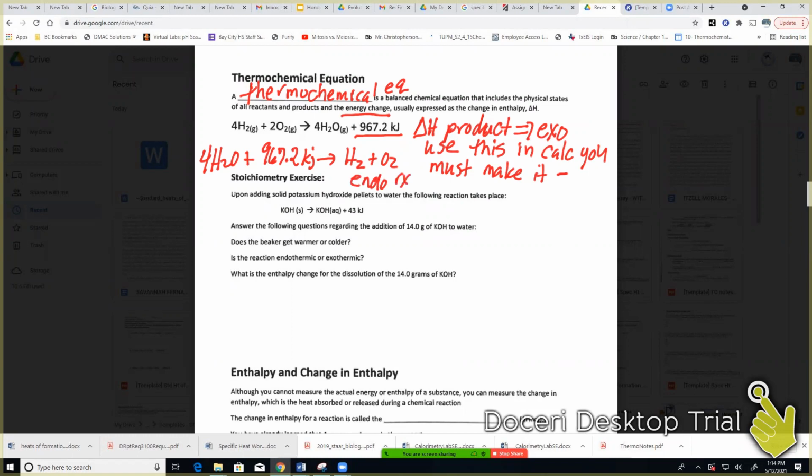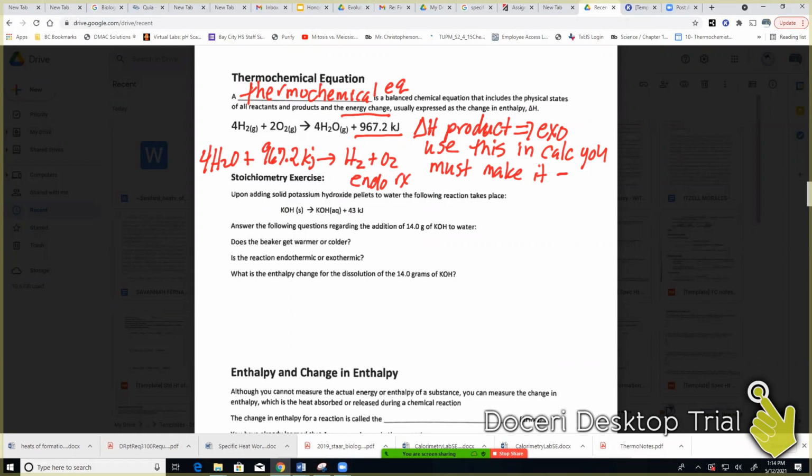It takes energy for this reaction to occur. So I put that as a reactant because I'm needing it. So endothermic, or positive value. In this case, if I pluck that number out to use it in a calculation, I just leave it as it is. I just leave it positive because that's what I need.